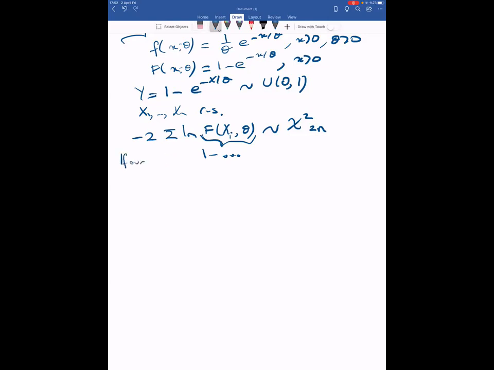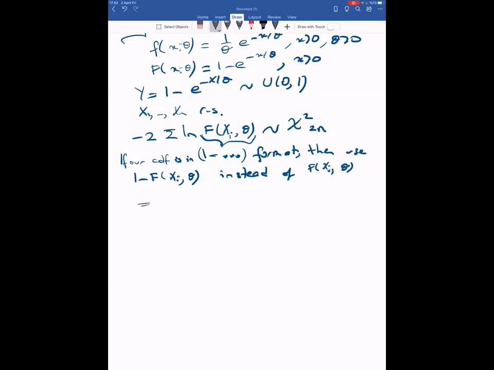Okay, so let me state it again. If our CDF is in 1 minus blah blah blah format, then use 1 minus F of xi given theta instead of F of xi given theta.